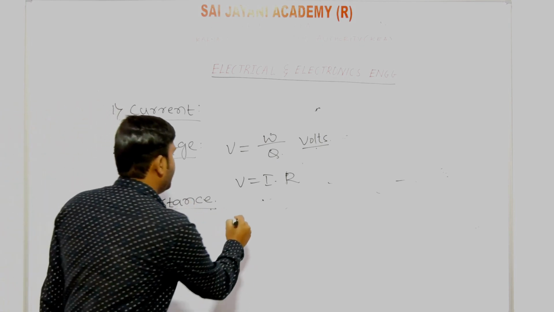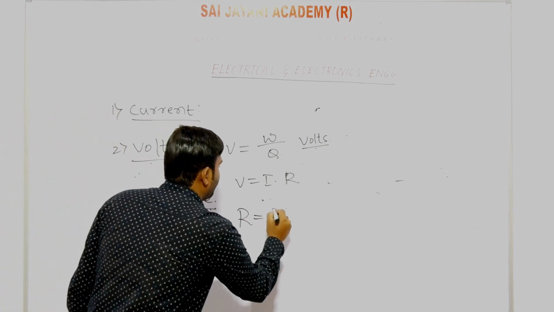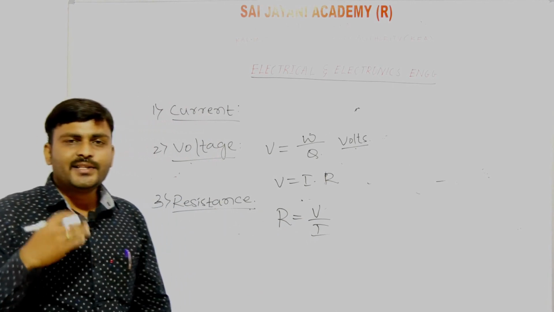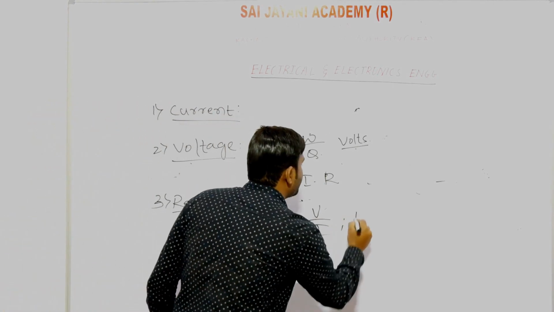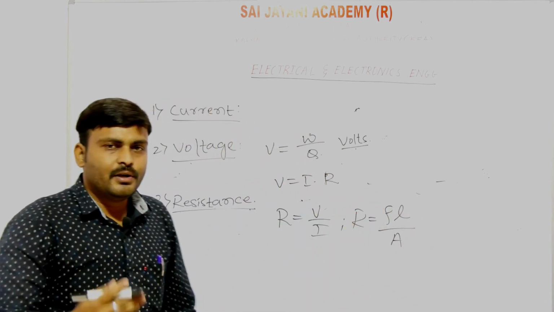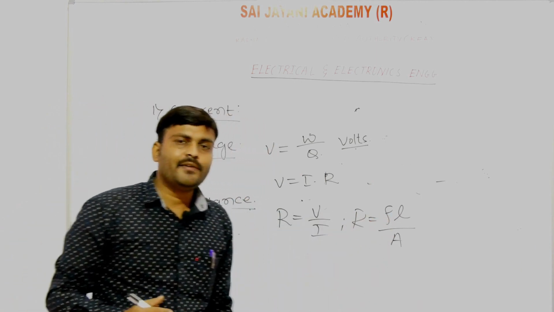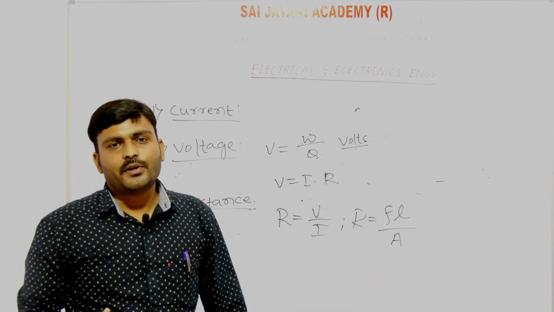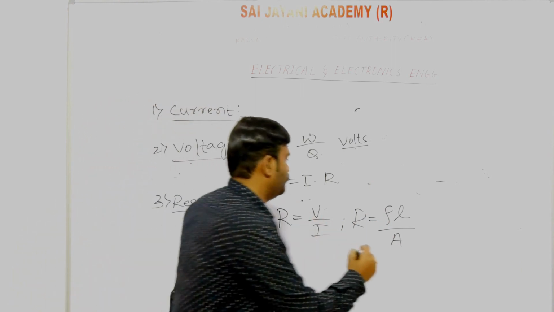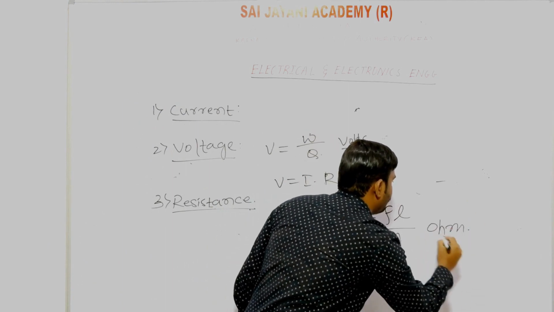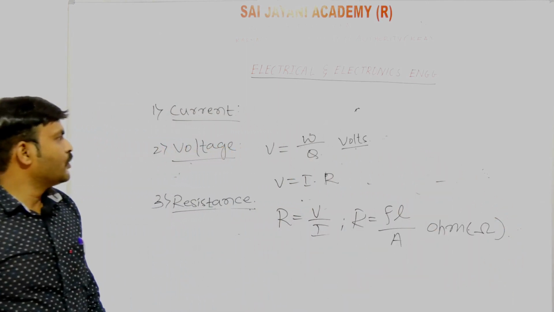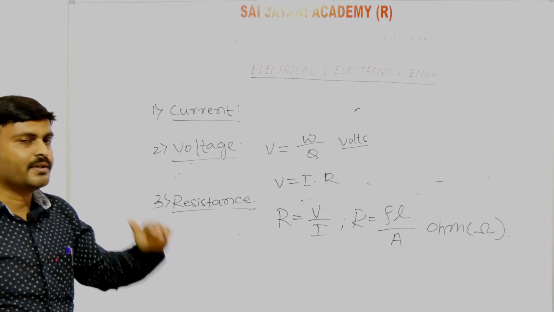Resistance can be given as R is equal to V by I. The ratio of voltage and current is resistance, and resistance can also be given as R is equal to rho L upon A, where rho is the resistivity of the conductor, L is the length of the conductor, A is the area of cross section of the conductor, and resistance SI unit is ohm. The symbol is the Greek letter omega. So this is about current, voltage and resistance.